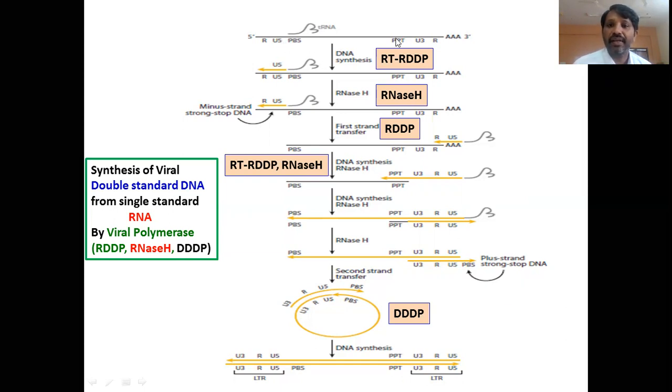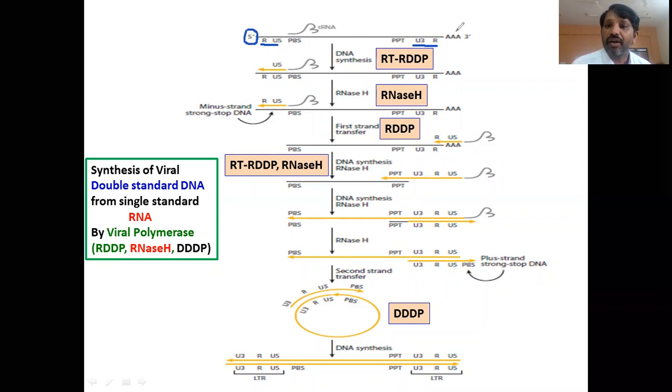In this minus RNA strand, U3 and R are considered long terminal repeats. The long terminal repeats, U3, R and U5, are there at the 5' region as well as the 3' region.